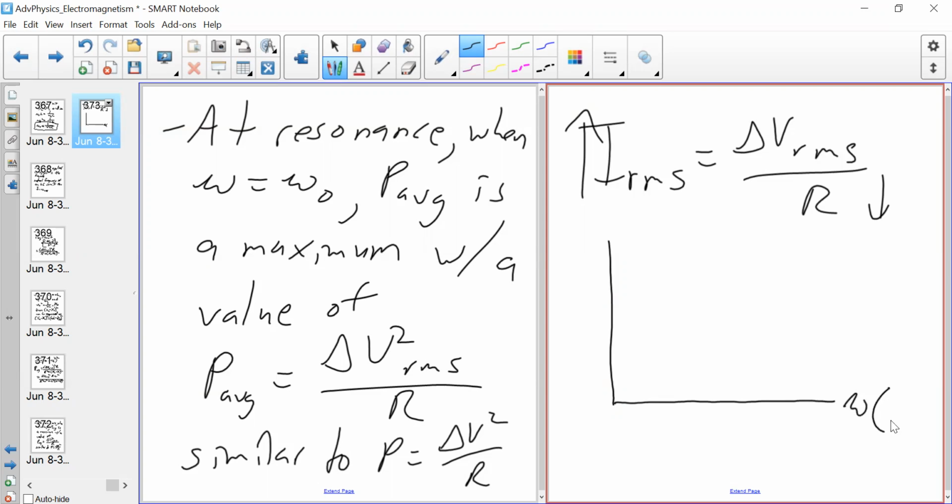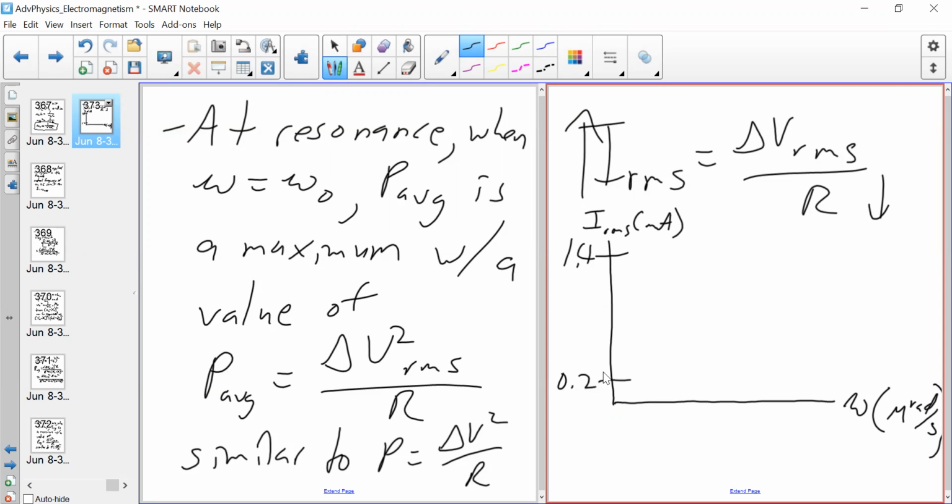Okay, so we have omega in mega radians per second, just cycling pretty fast, and let's say this is our I_RMS in milliamps, and then we go down to 42.